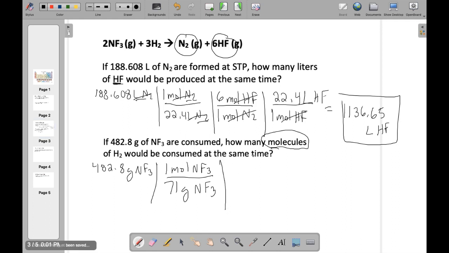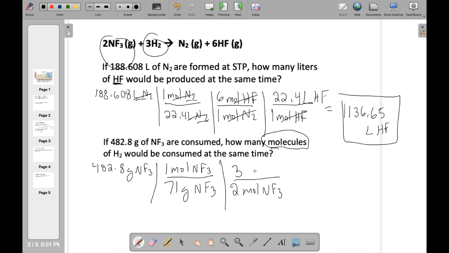Okay, now we need to go to moles of hydrogen. So let's construct our ratio. We have 2 moles of nitrogen trifluoride will equal, and I want to go to hydrogen, 3 moles of hydrogen. And I don't want to go to grams.